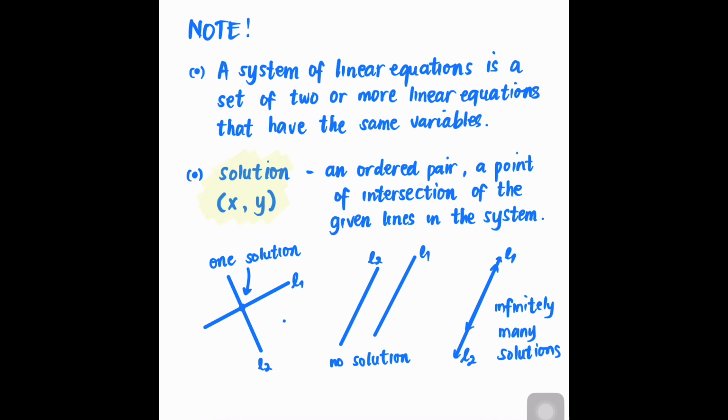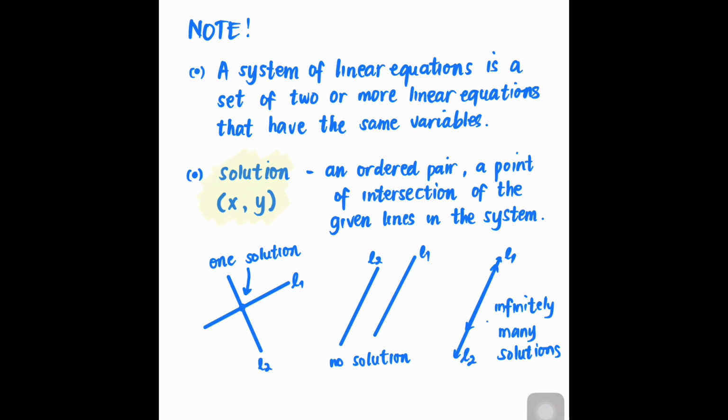So for the first case we're looking at right now, this is the solution to the given system. The case number two, where two lines are actually parallel to each other, and we're looking at no solution for this because two lines do not intersect.